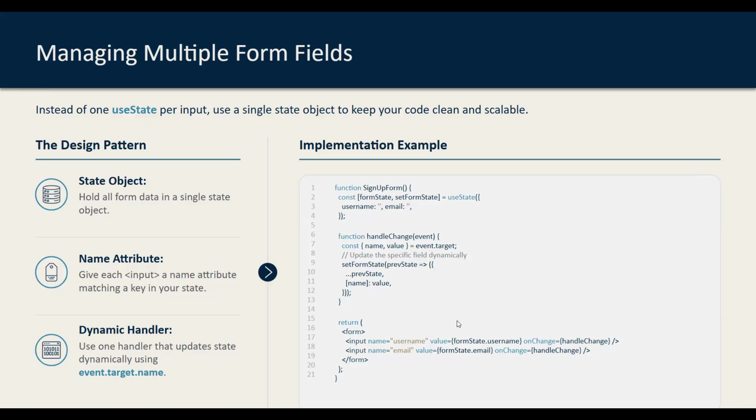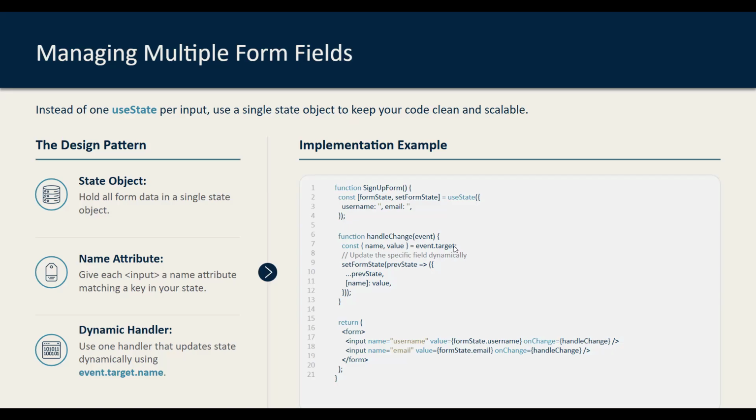And this entire pattern has been shown in the example on the right. The initial state has two properties, username and email. And then inside the handleChange event right here, we just pull the name and value from the target, which usually points to the input fields.